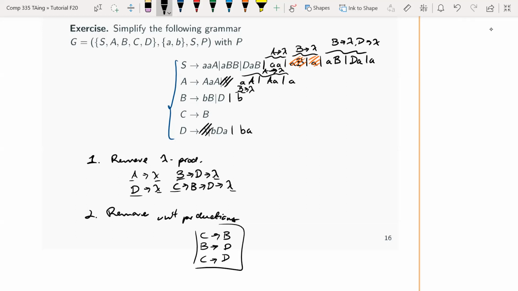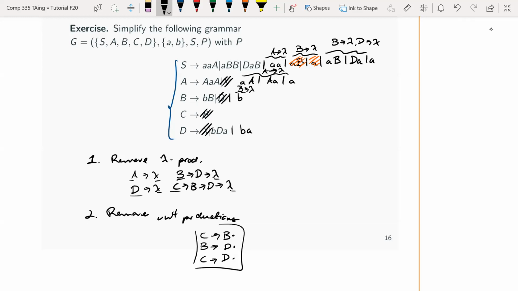Okay, so again, the whole point is you're going to copy paste your grammar and then remove all the unit productions and then add back all of the production rules that come from these. So that's what I'm going to do. I'm going to remove this unit production rule and this unit production rule.